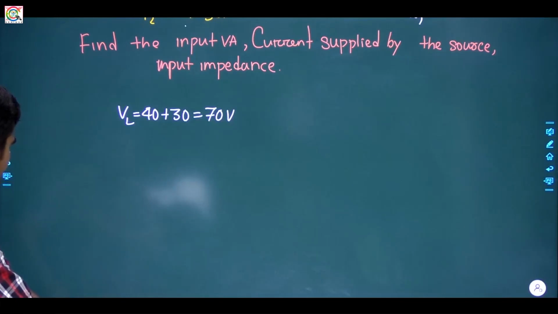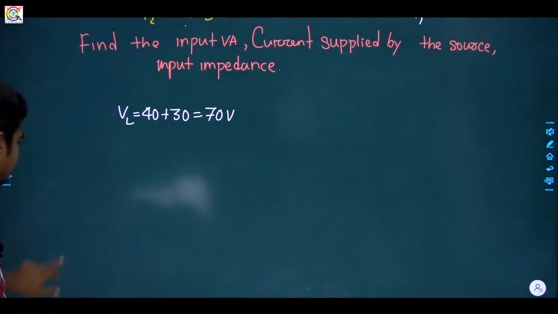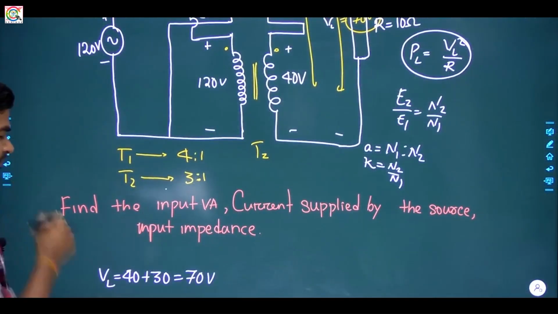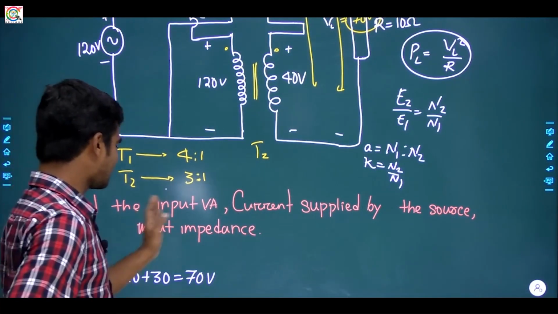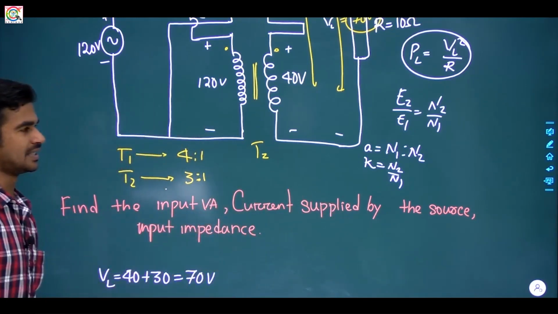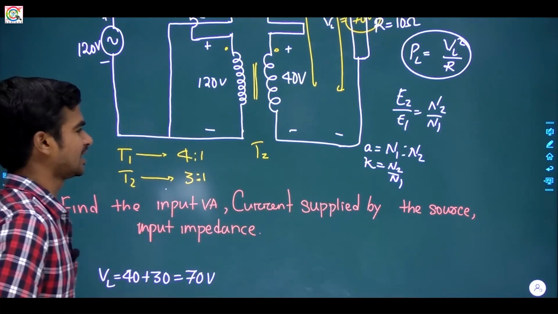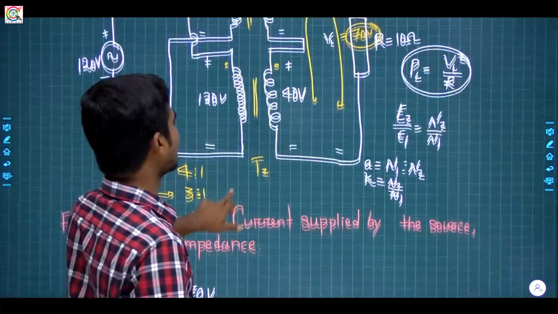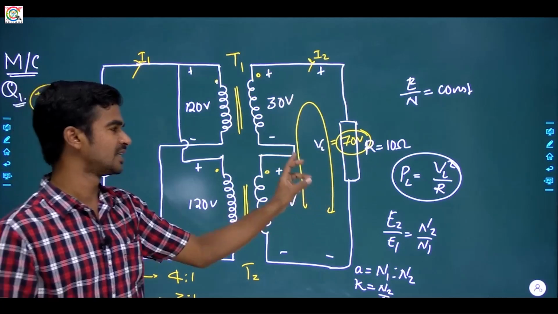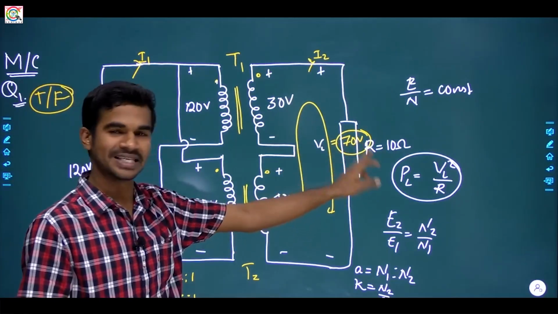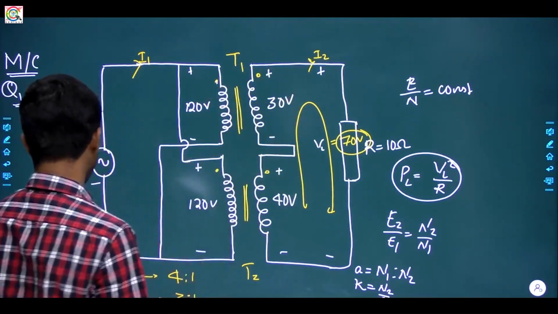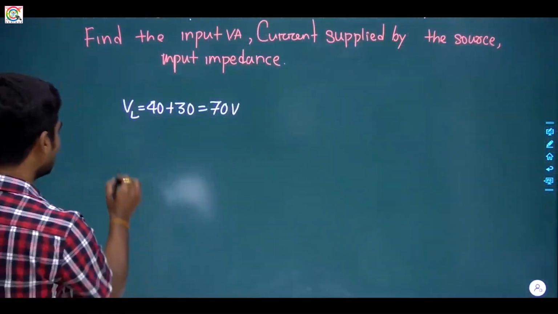Okay, now we have to find this data: input VA, current supplied by the source, and input impedance. First tell me what is the load current I2. If load voltage is 70 volt and load resistance is 10 ohm, so easily you can find the load current.